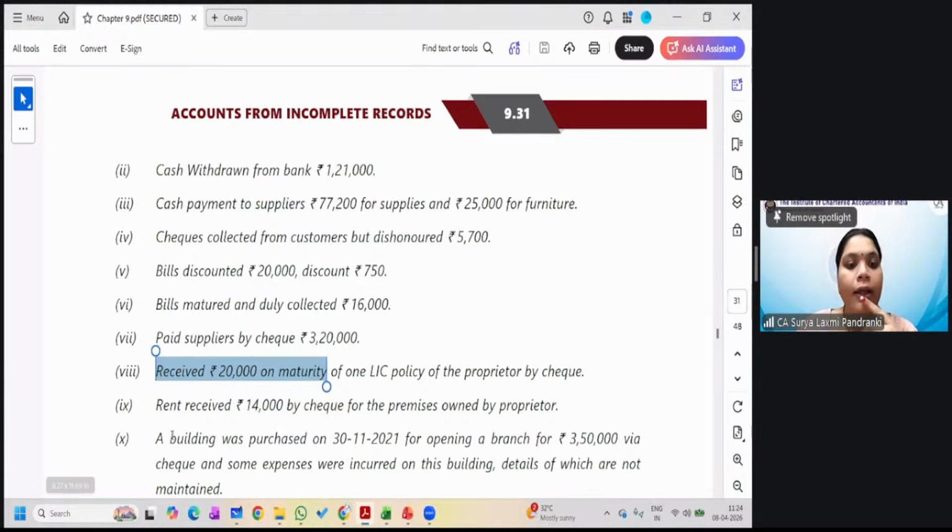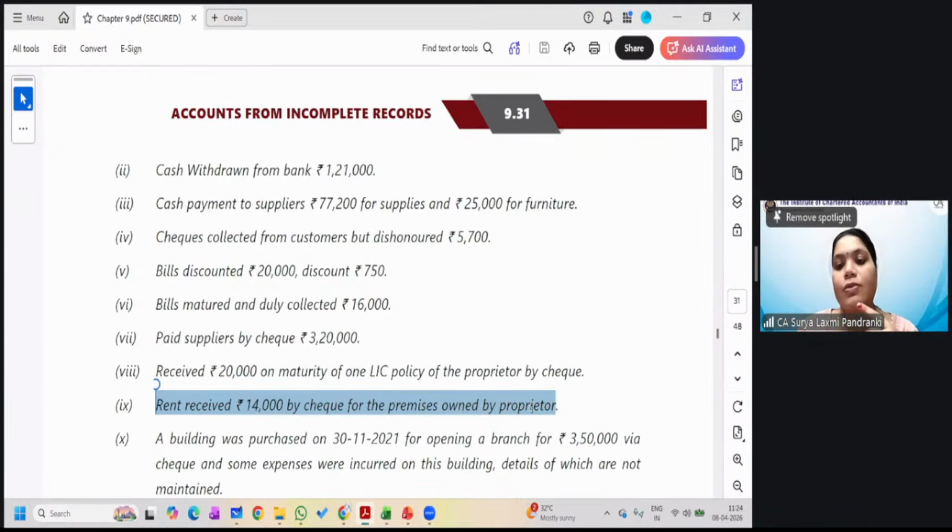That is one thing. Then rent received 14,000 by check for the premises owned by the proprietor. This is also almost like an additional capital that is brought in, right? He has received some rent. Why should he bring it here? If it is brought in here and used in the business, it means an additional capital is introduced.